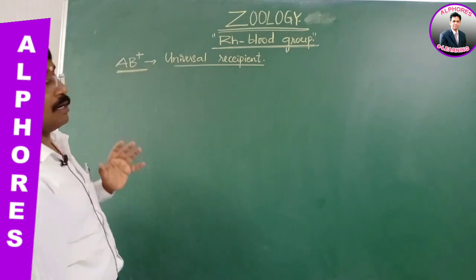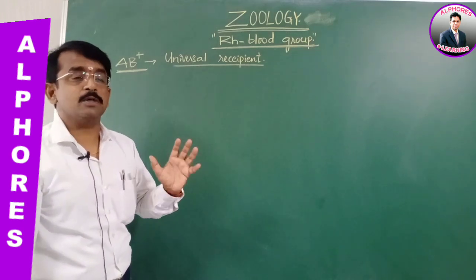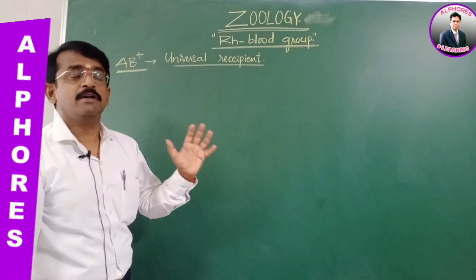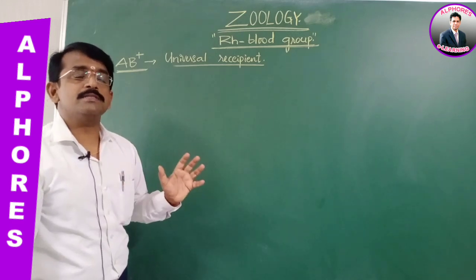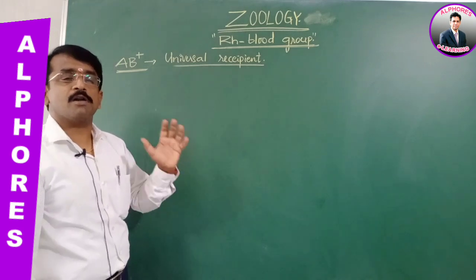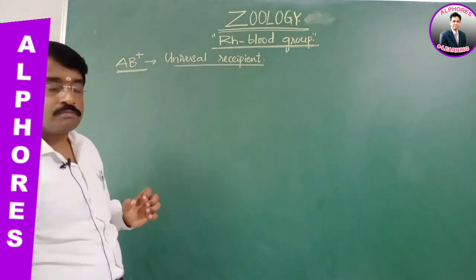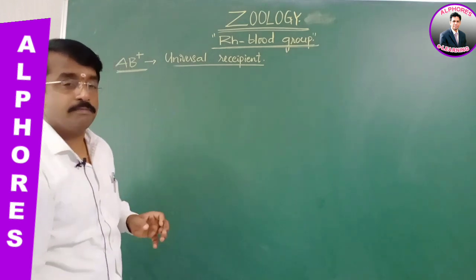So positive is always going to stimulate the production of antibodies in the recipient. Positive in the sense RH antigens, most of the population are with the RH antigens, and RH antibodies do not exist naturally.